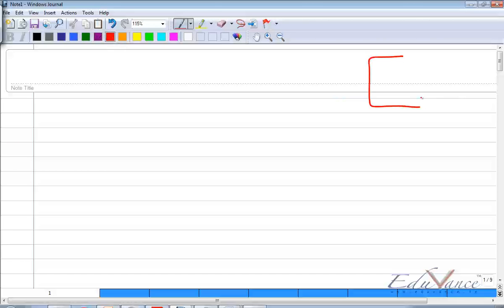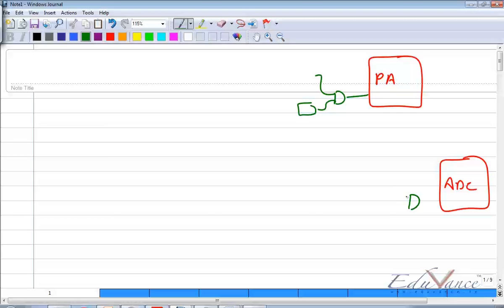So let us say I have my port A here, and outside I have an ADC. So as we said before, to enable the clock, we have the clock gating concept.